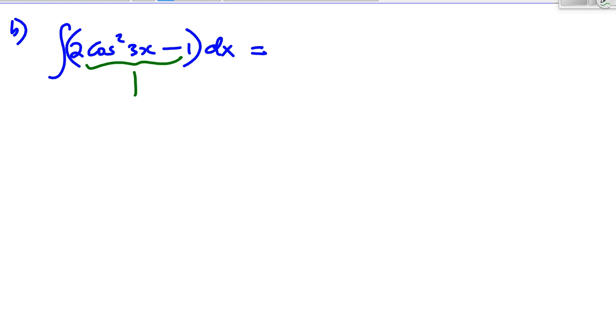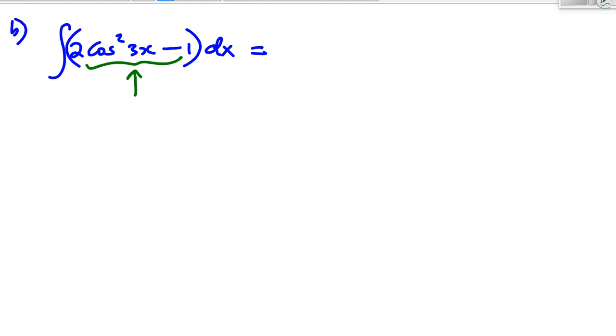For b, we have the integral of 2 cosine of 3x squared minus 1 dx. So the first step is try inspecting, and see if you can use one of the trig identities to simplify that expression.